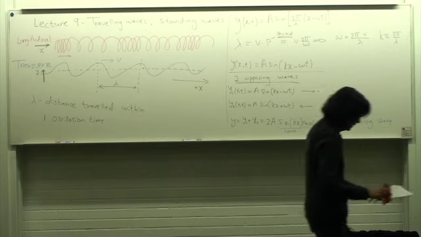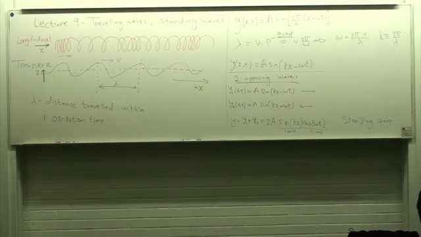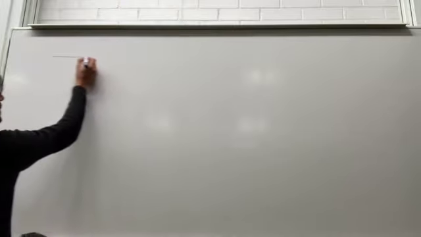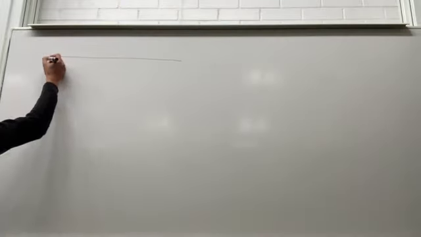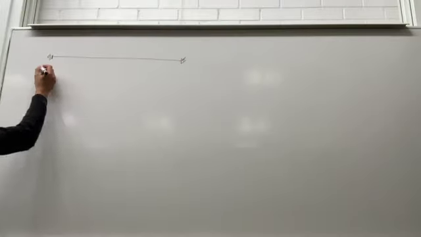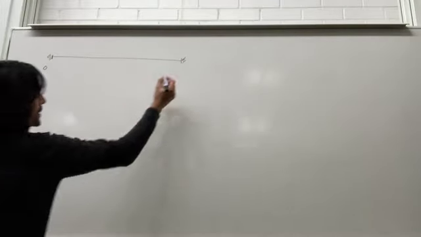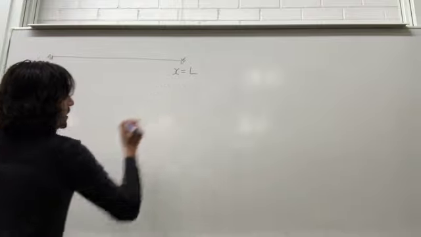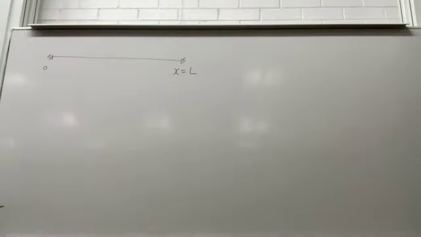Now let's take an example. So we have a string, let's say that is connected here and here. This is 0, and this is x equals L. What do we know?